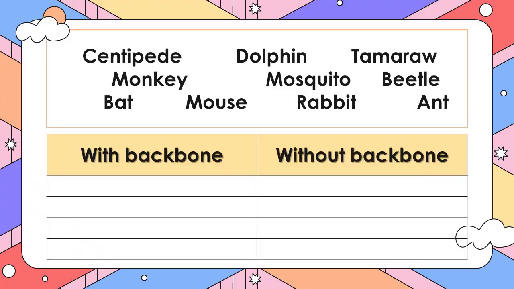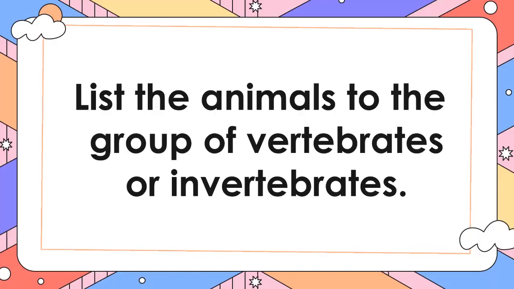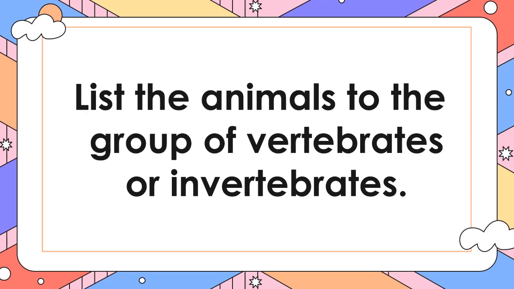To better understand this, let us perform this activity from your science module. Using your pen and paper, list the animals to the group of vertebrates or invertebrates. Which animals belong to the group of animals with backbone?